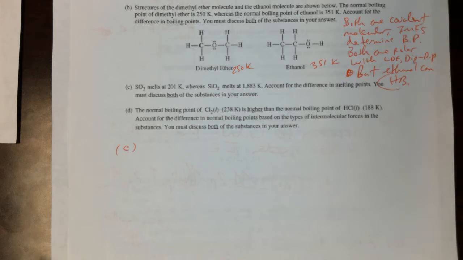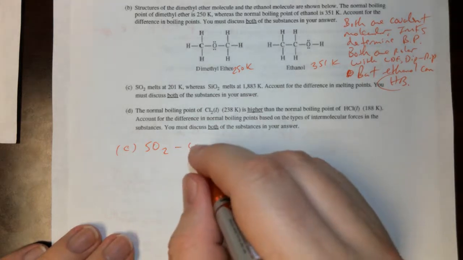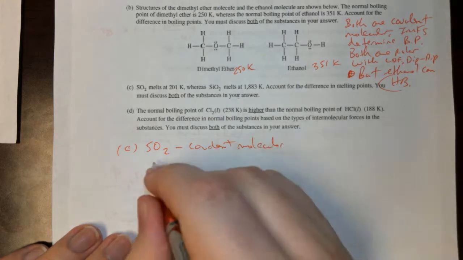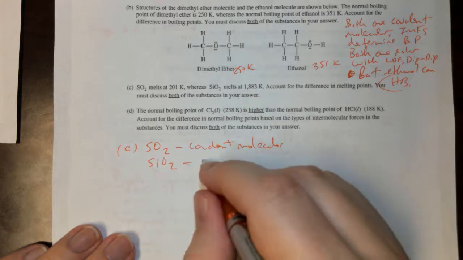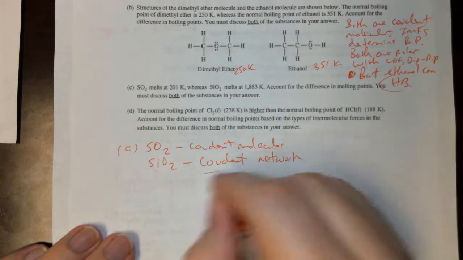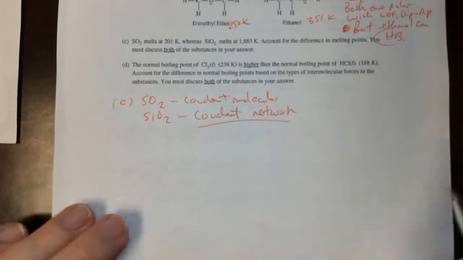This is not really an IMF totally question. The difference here is that SO2 is covalent molecular, but SiO2 is covalent network. Boom. That's the key.